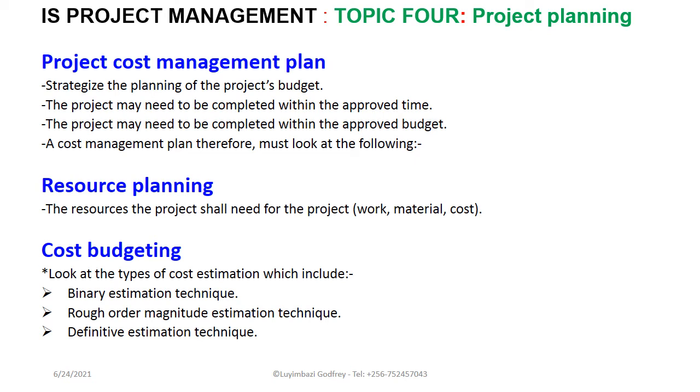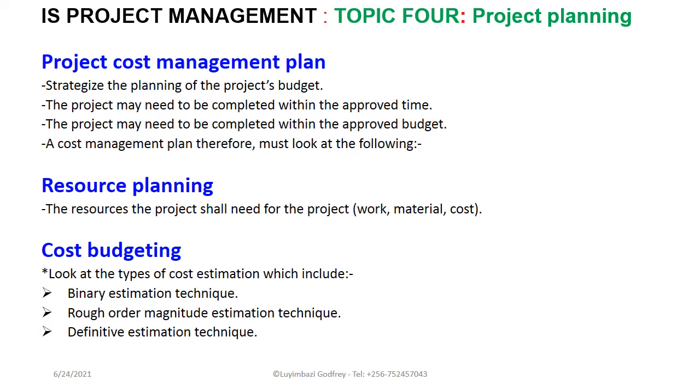And this plan must look at things like resource planning. These are the resources of the project, and they need to be well planned. Resources may include work resources, they may include material resources, and they may include cost resources. I want you to study about these 3 types of resources as we know them in project management and get the differences properly.